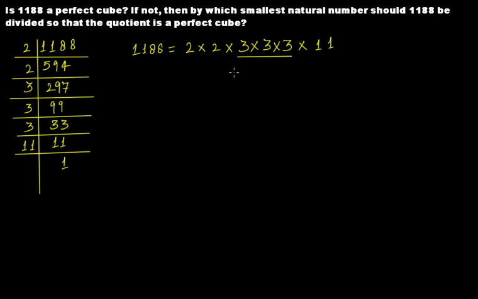So what we can do, first, divide this number by 2 multiplied by 2 multiplied by 11. This is actually what? This is 44. We can write 44 as 2 times 2 times 11. 2 times 2 is 4 times 11 is 44.